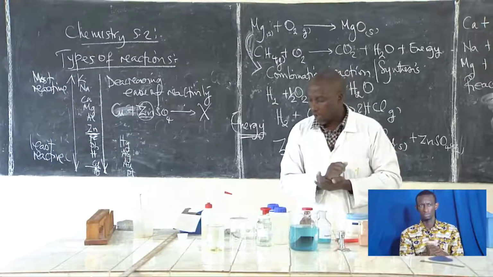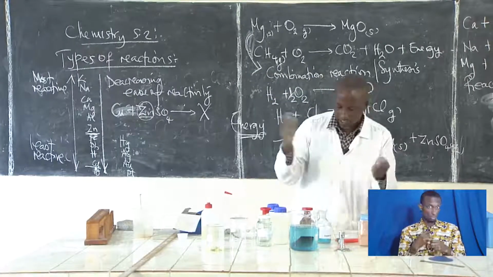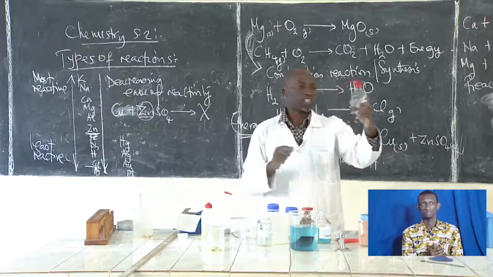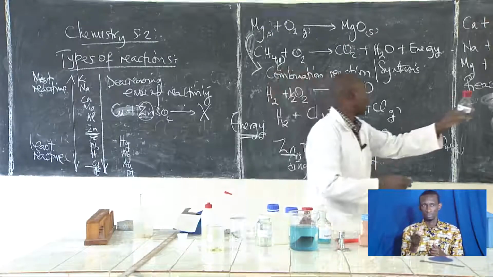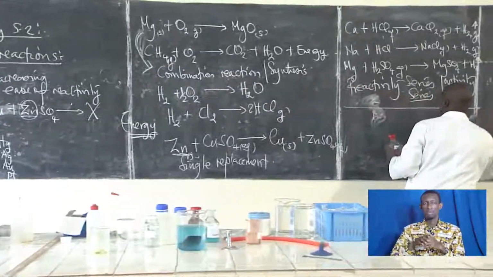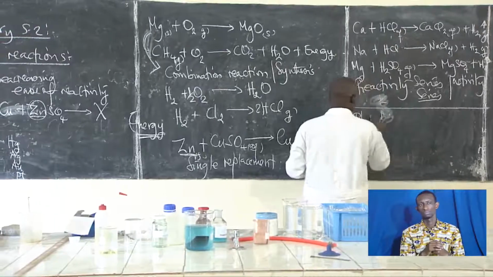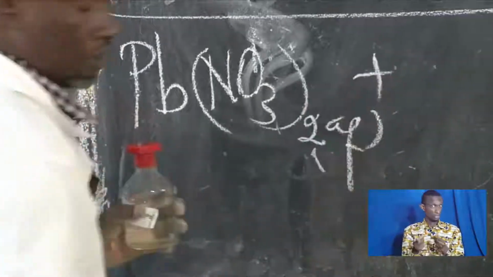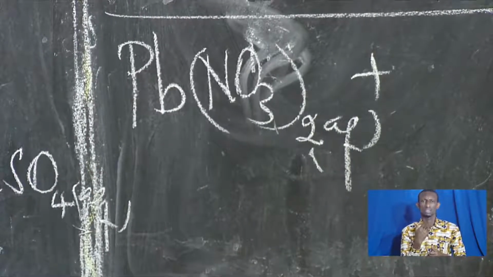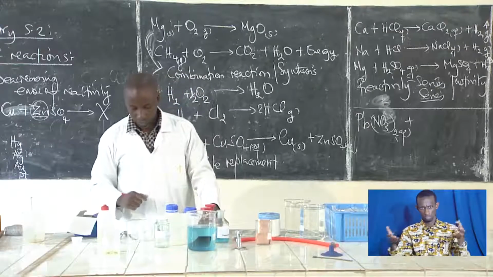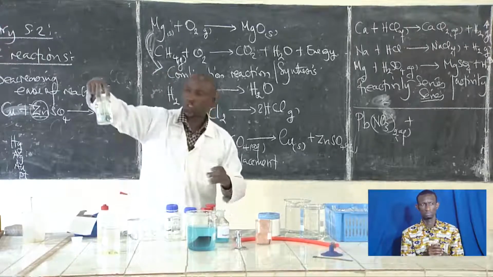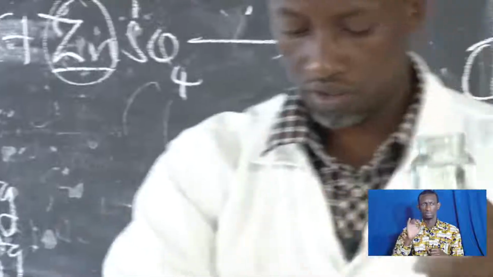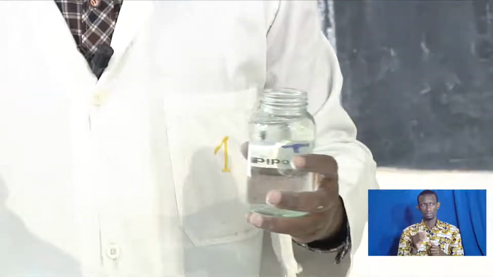Let me also do some other simple experiment. You'll predict what is happening. This is lead 2 nitrate, a solution that contains lead ions. And I'm just going to combine it with potassium iodide solution.